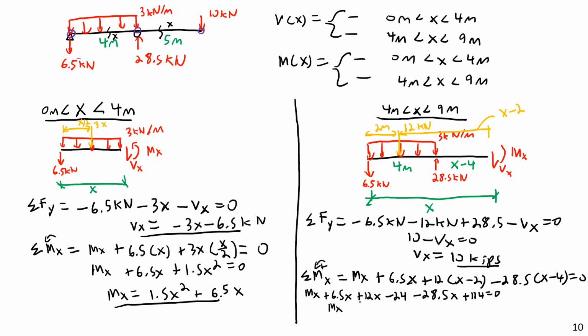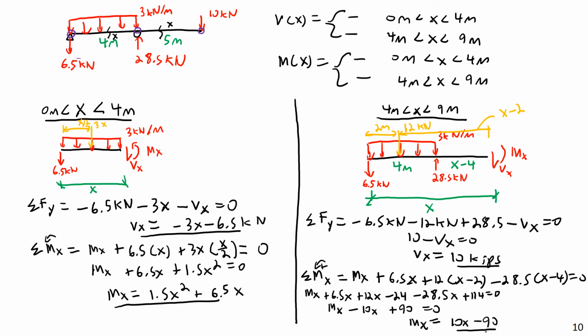So Mx, 6.5 plus 12 minus 28.5 is negative 10. Mx minus 10x, and then minus 24 plus 114, which is plus 90, equals 0. And then if I move this to the other side, Mx is going to be equal to 10x minus 90.